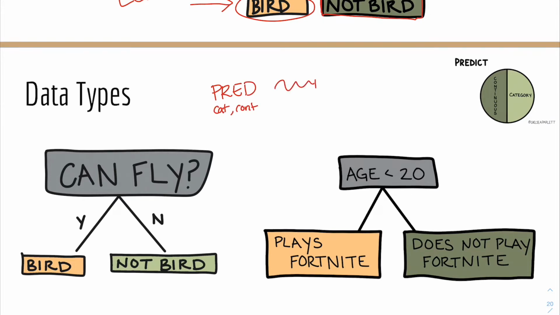And it's using that to build a tree that is predicting some kind of categorical outcome. So you can see on this page, can it fly? Yes or no. We can also use continuous variables. For instance, in this tree on the right, I'm using age to decide whether or not someone plays Fortnite. My decision is if they're less than 20, then I'm going to assume they play Fortnite. And if they're more than 20, then I'm going to assume that they do not play Fortnite.